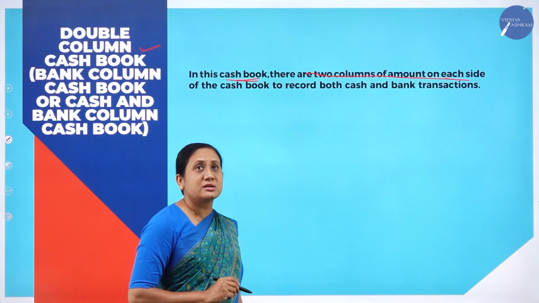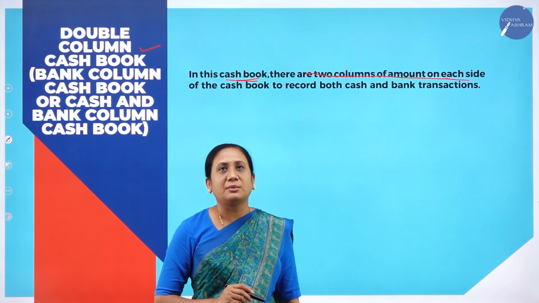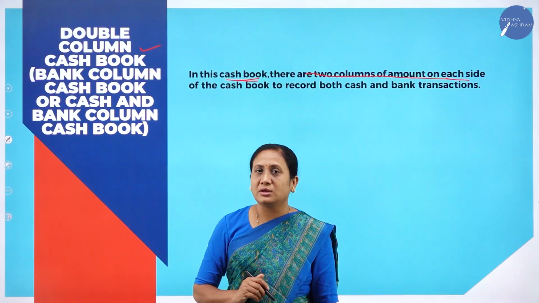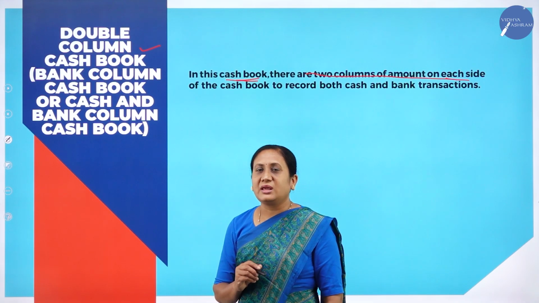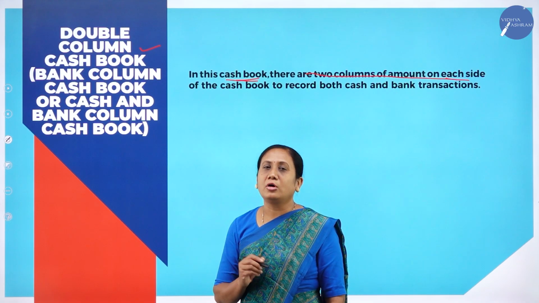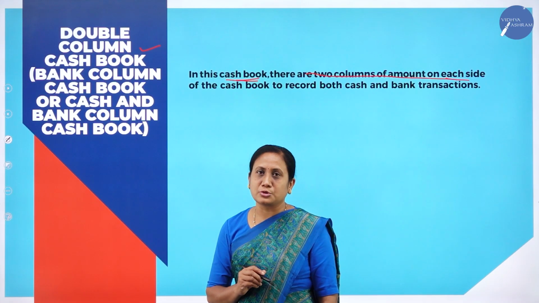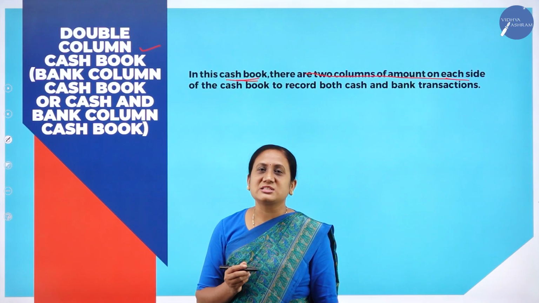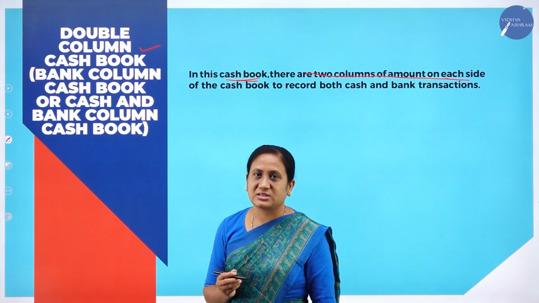We have understood that double column cash book is a cash book with two columns, cash as well as bank, on both the sides.